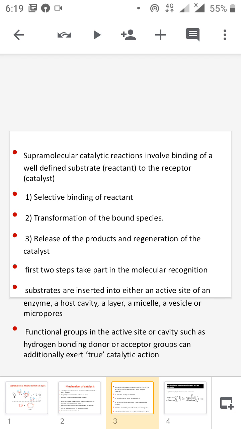So the first two steps take part in molecular recognition, and the substrates are inserted into either an active site of an enzyme, a host cavity, a layer, a micelle, a vesicle or a micropore of the supramolecule. So the functional groups in the active site or the cavity, such as a hydrogen bonding donor or acceptor group, can additionally exert the true catalytic action.